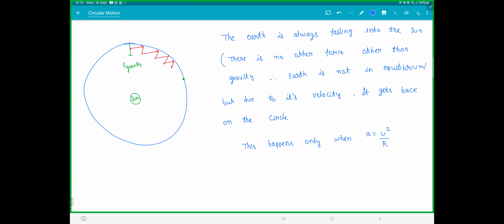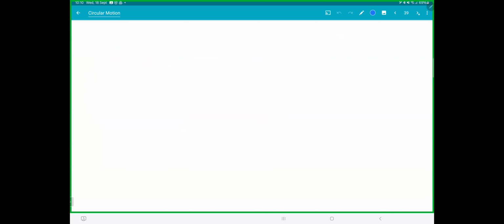Now see what happens. If I give a greater than u square by r, going back to the circle, you have more acceleration but less speed. It means you will travel more toward the sun, but you'll travel less horizontally. You won't get back on the circle.